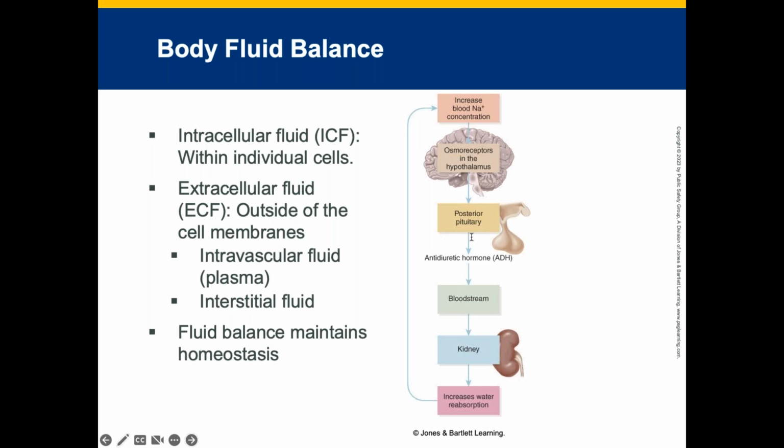Intravascular fluid, plasma, is found within the blood vessels and accounts for approximately 4.5% of total body weight. Interstitial fluid is located in the spaces between the body's cells and accounts for approximately 10.5% of total body weight.